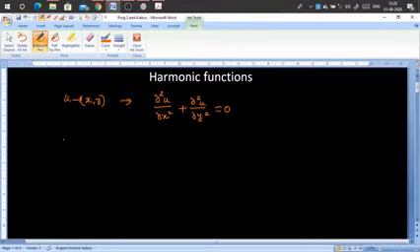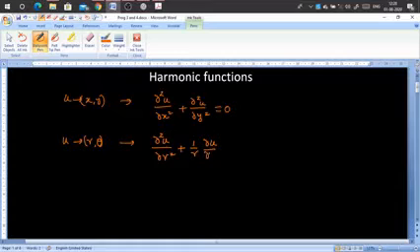And if u is a function of r and theta, then it must satisfy the equation dou square u by dou r square plus 1 by r dou u by dou r plus 1 by r square dou square u by dou theta square equal to 0.